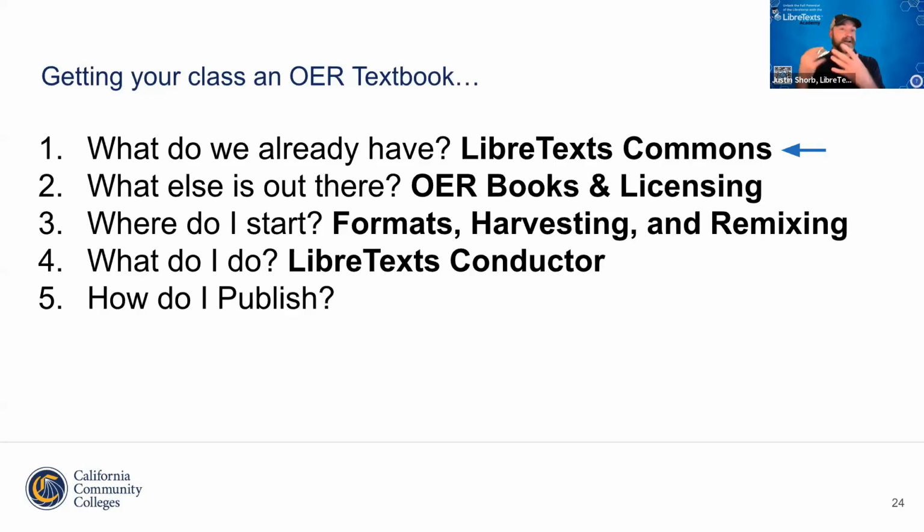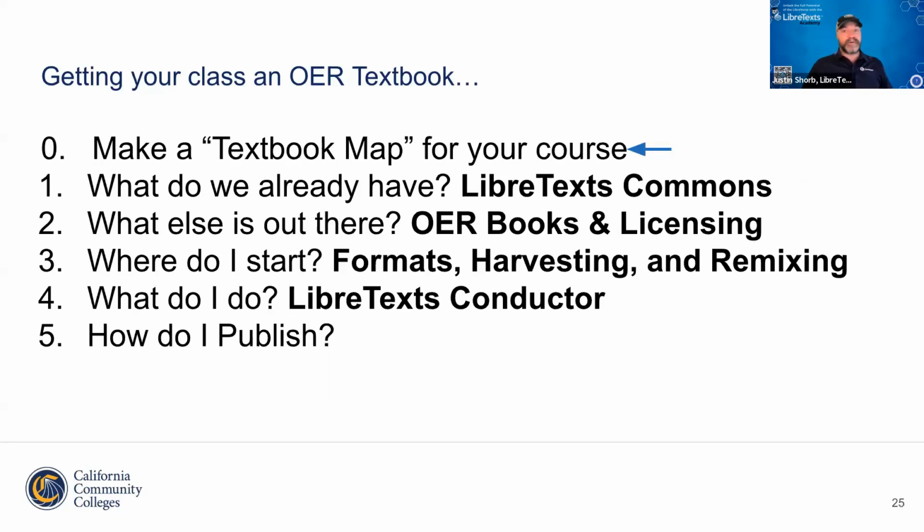Or you can possibly find some formats of your own material, Microsoft Word documents, HTML documents, and you might want to have those harvested into our library so you can use them in our library. We are also a library. We're not just a publishing platform. And then we can think about, maybe I just want to remix what we already have. So these are different things that we could do to get started. What do I do? You do everything in the LibreTexts Conductor. And then at the very end, we'll touch on how to publish this once you're in a good situation with that.